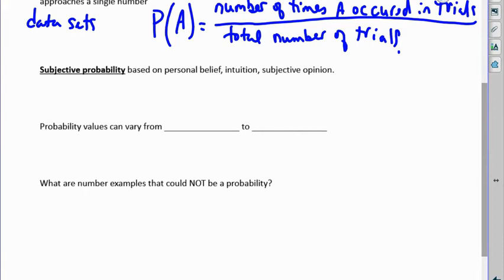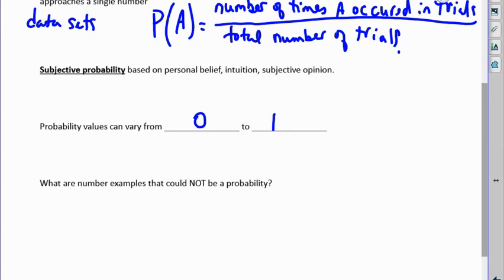And then subjective probability, like what's the probability that I'm going to do laundry tonight? That can vary based on your personal belief, intuition, your opinion. What's the probability that the sun's going to rise tomorrow? It will, in my opinion. I'm going to say 1 because probabilities vary from 0 to 1. So that's going to be based on your personal belief.